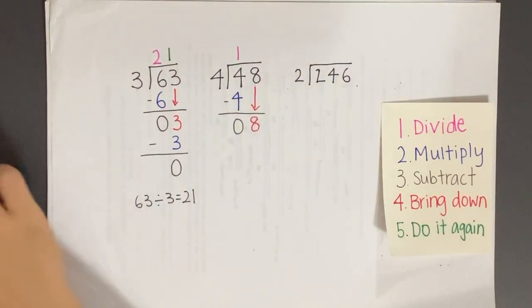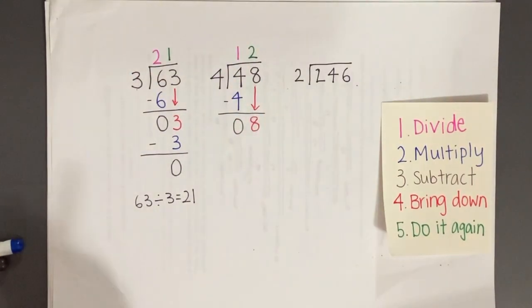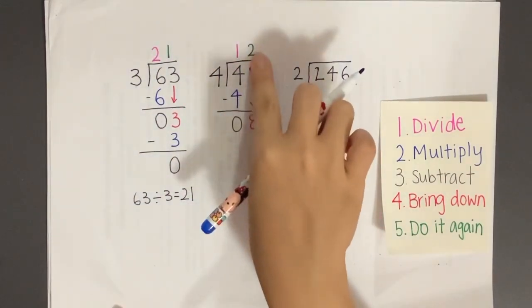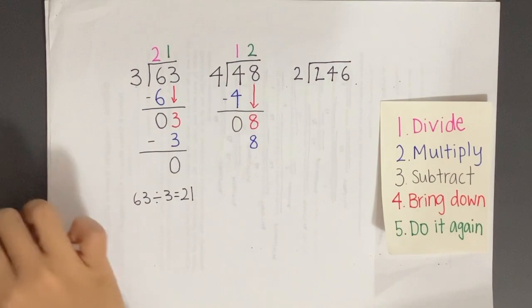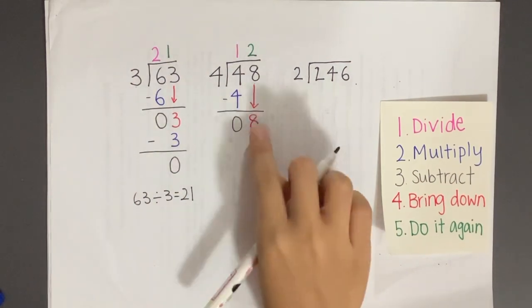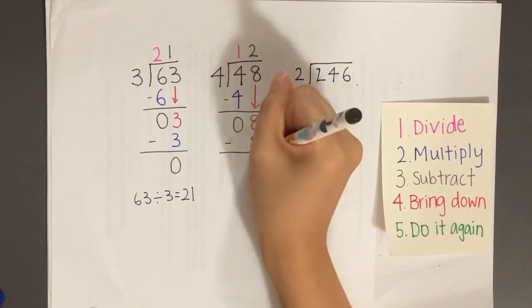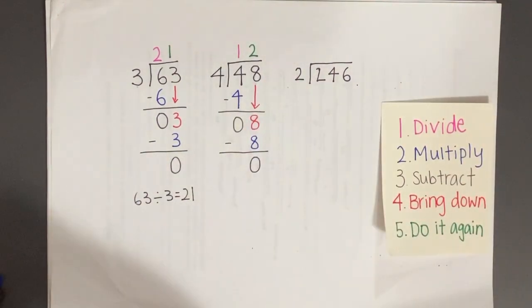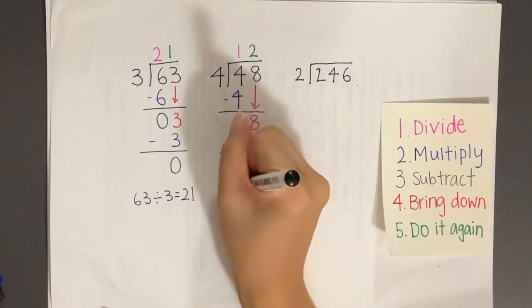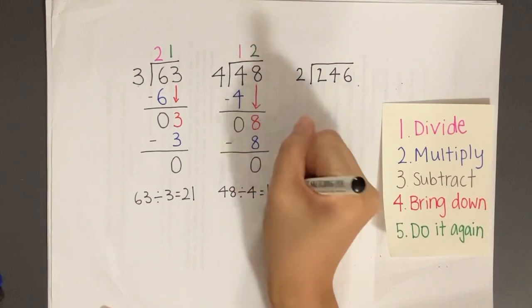Okay, then I do it again. 8 divided by 4, 2. 4 times 2, 8. 8, I need to subtract 8, which gives me 0. Which means 48 divided by 4 gives me 12.